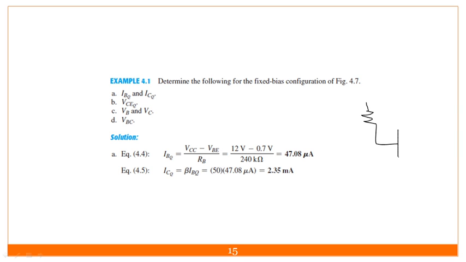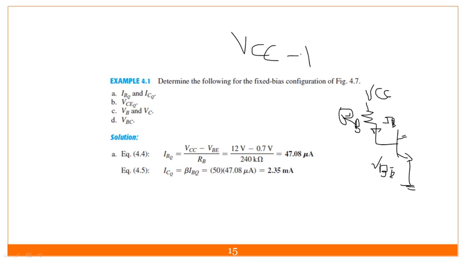For the input side, this is my VCC, this is my RB, and the current flowing through this is my IB, and the drop across this is my VBE. If I apply KVL across this, VCC minus IB RB minus VBE is equal to 0.